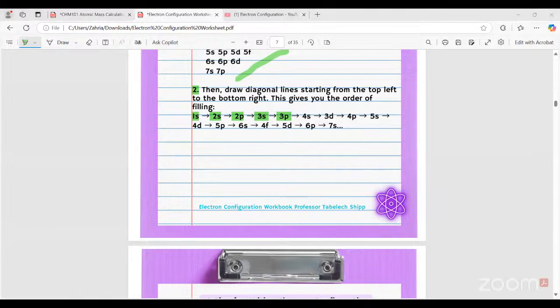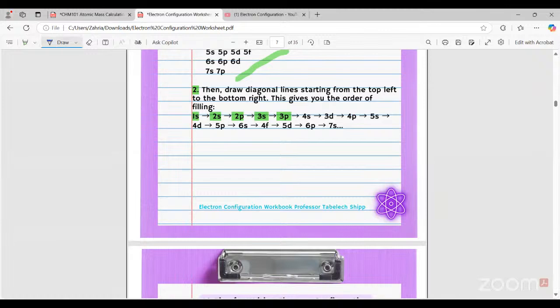So right here, as you see in the purple part of the handout, this is the order that you're going to have to go by. Again, you've got 1S. Once you fill that up with 2, you're going to move to the 2S section. The most you can fill up is 2 there. Then you're going to go to the 2P section. The maximum you will fill up is 6. And if you think about what's on the periodic table, the maximums are the numbers that you see here.